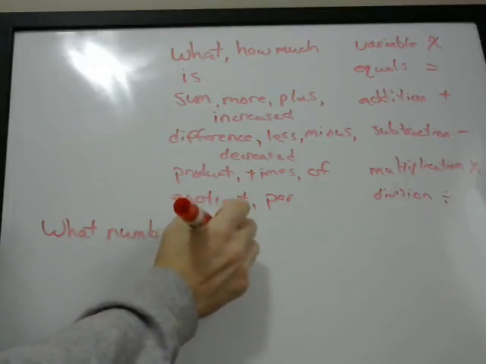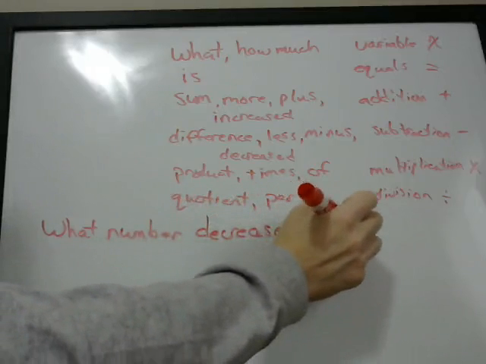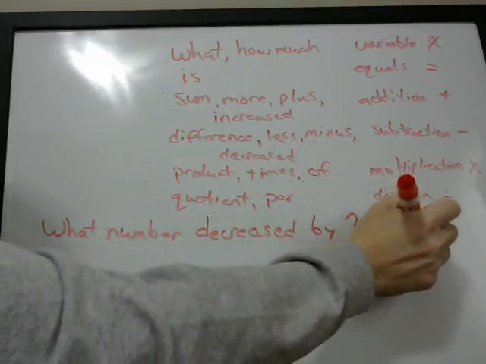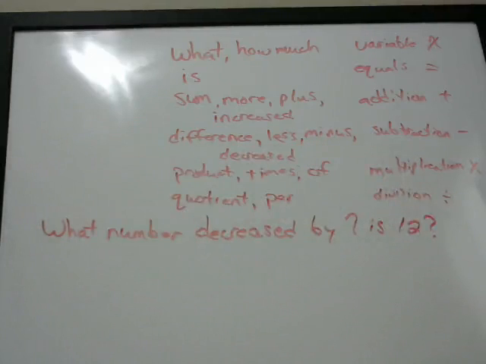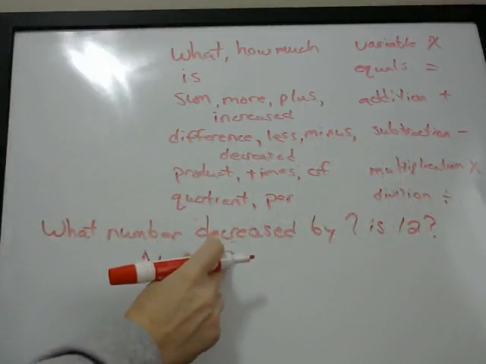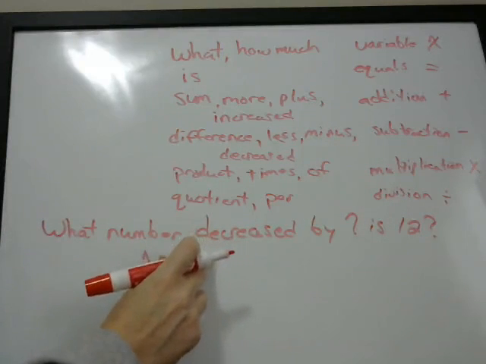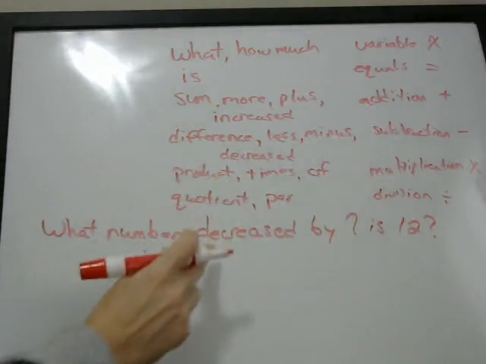What number decreased by 7 is 12? So again, you need to think logically. Decreased means subtraction, so you're going to subtract.